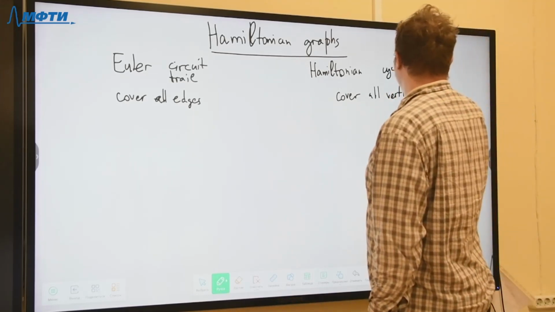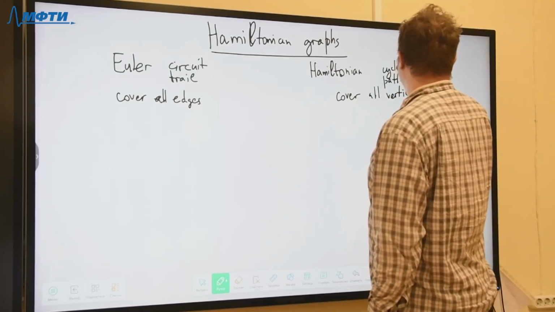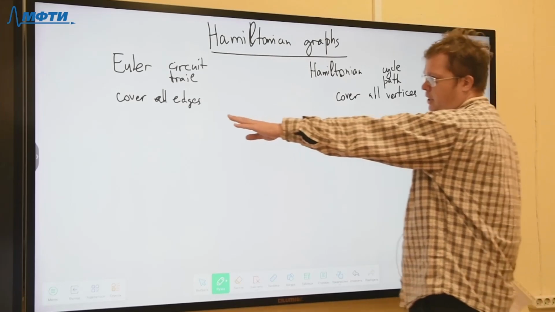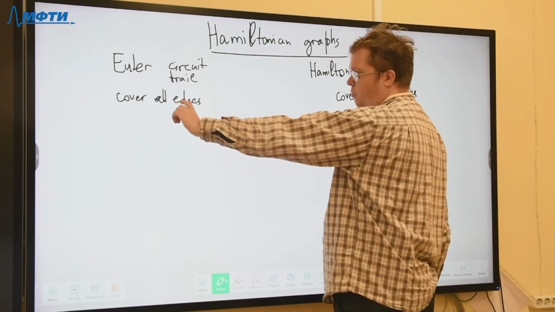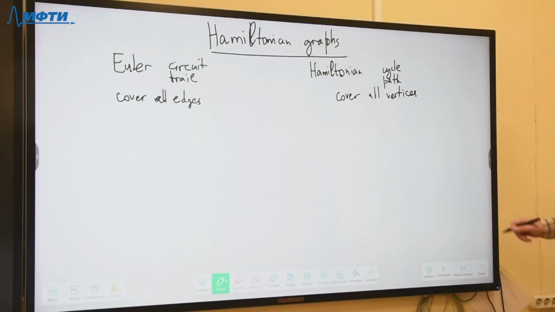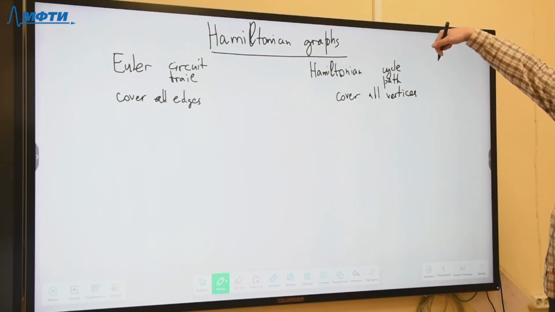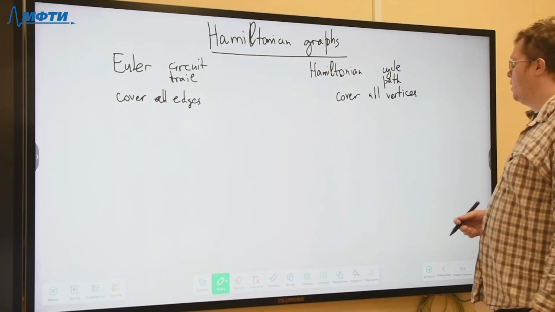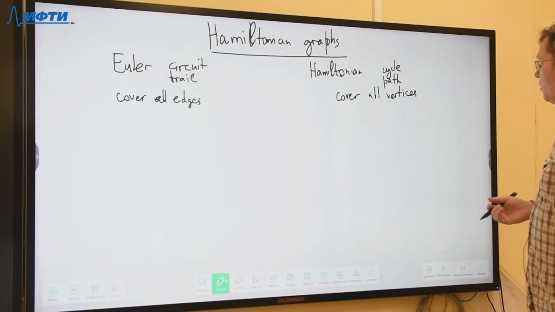So I don't want to meet one vertex twice. As in the Euler case, where I want to cover all edges but go through each edge only once, here I want to cover all vertices, but I want to go through each vertex only once. So I need to talk about cycles or paths.